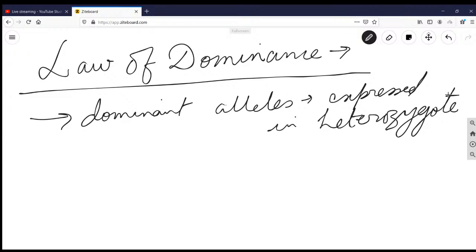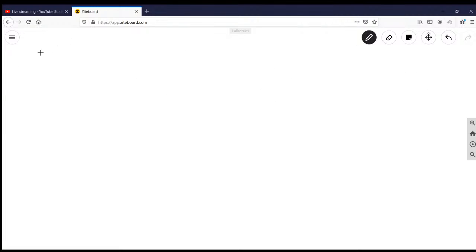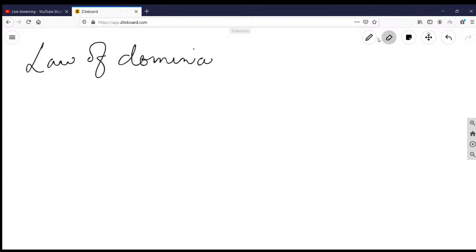Now, if we talk about the definition, I shall write it down for you. Law of dominance definition. That was the conceptual part.